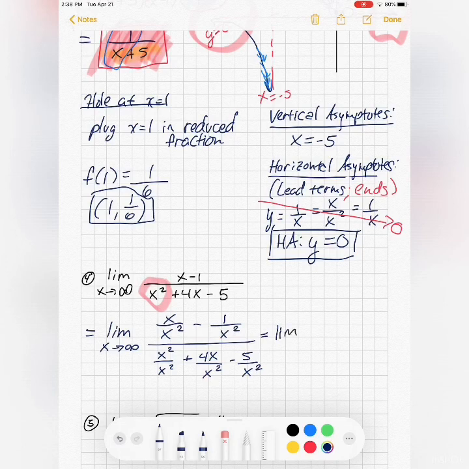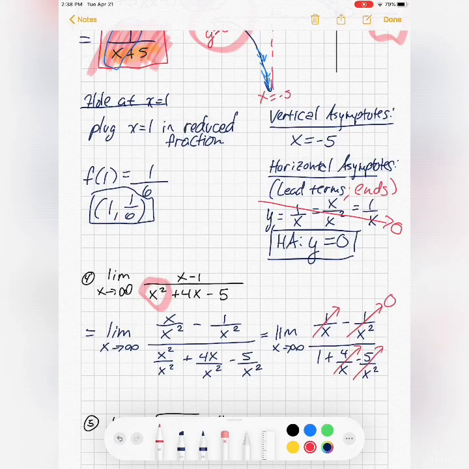Okay, so notice I'm bringing that limit sign along. Haven't actually evaluated. Then I'm just reducing these fractions. Okay, now as x goes to infinity, any of these terms that still have an x in the bottom, these will all go to 0.